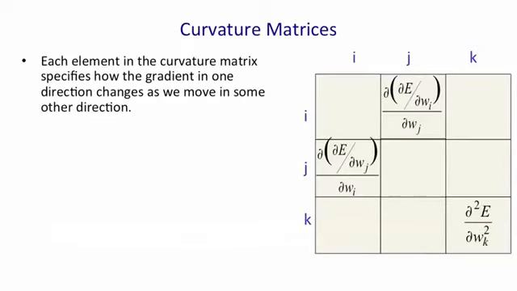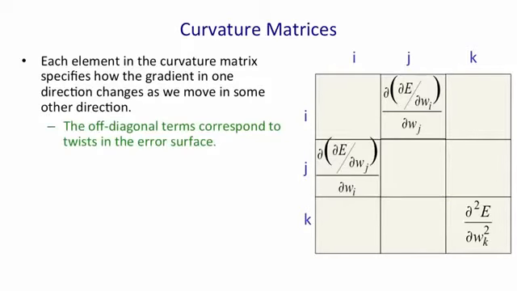The terms on the diagonal tell you how the gradient of the error changes in the direction of a weight as you change that weight. So the off-diagonal terms in a curvature matrix correspond to twists in the error surface. A twist means when you travel in one direction, the gradient in another direction changes. If we have a nice circular bowl, all those off-diagonal terms are zero. As we travel in one direction, the gradient in other directions doesn't change.